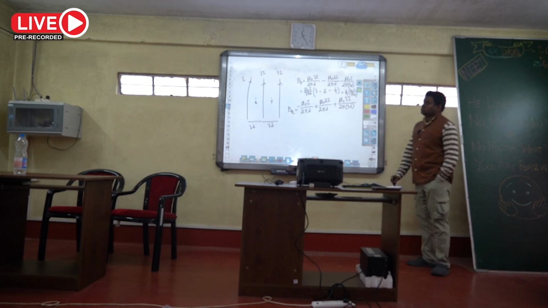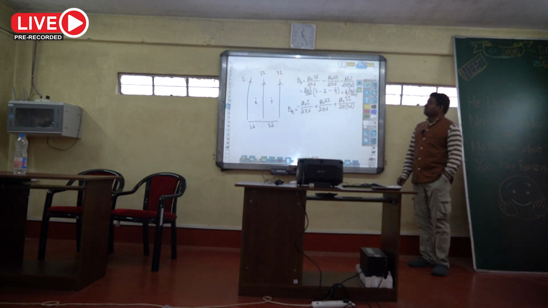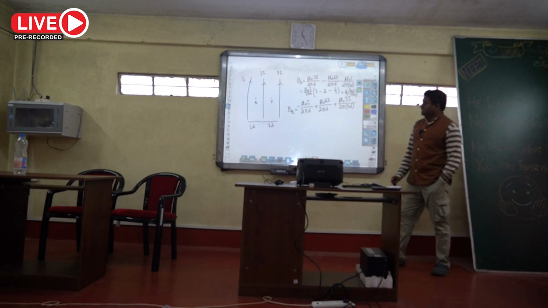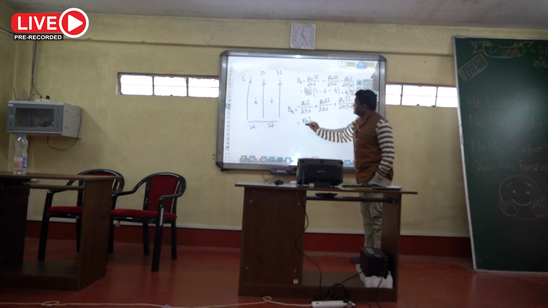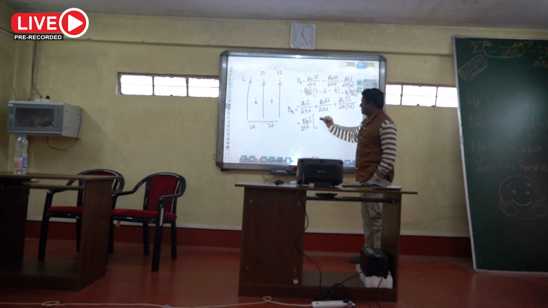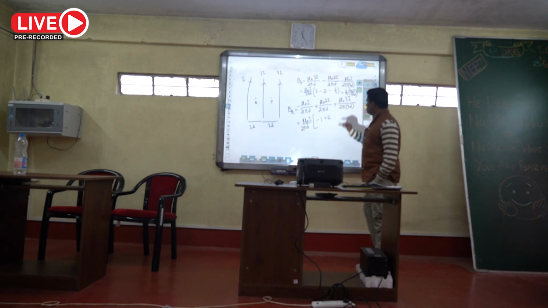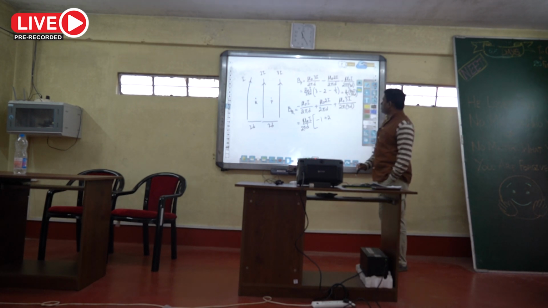For the other one, mu naught I by 2 pi d is taken common, so this will be minus 1, and 2 mu naught I by 2 pi d common, that is 3 by 3, that is again 1.